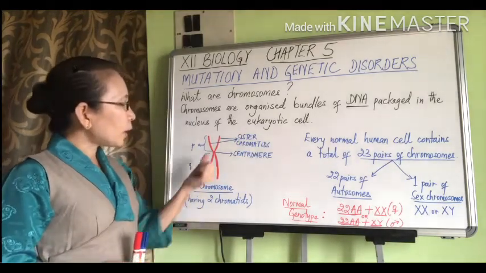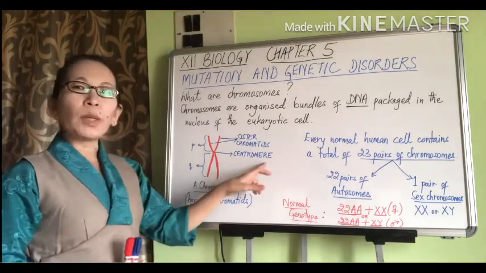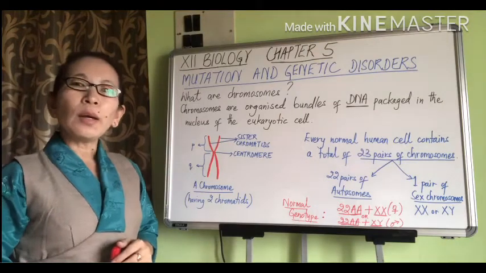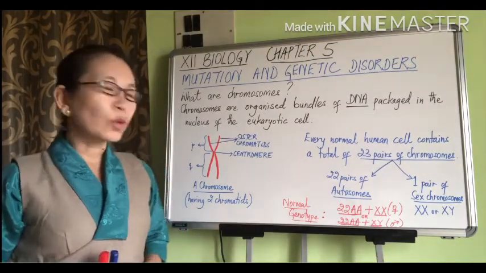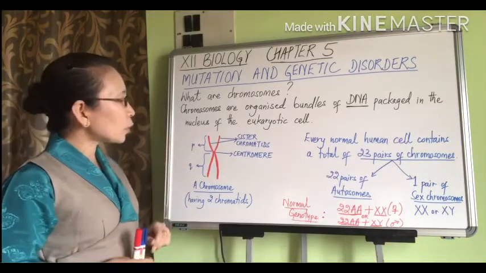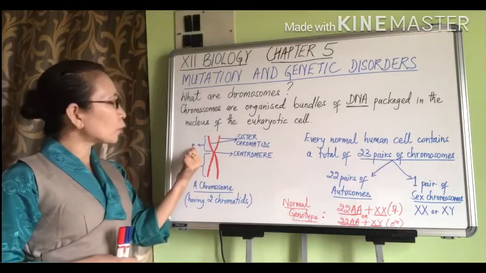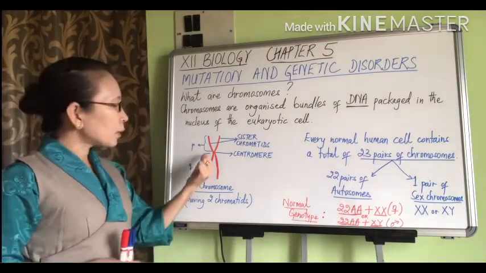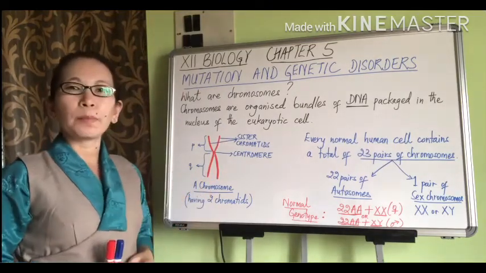Now the regions on either side of the centromere are referred to as chromosome arms. The shorter arm of the chromosome is called the P arm, whereas the longer arm of the chromosome is referred to as the Q arm.